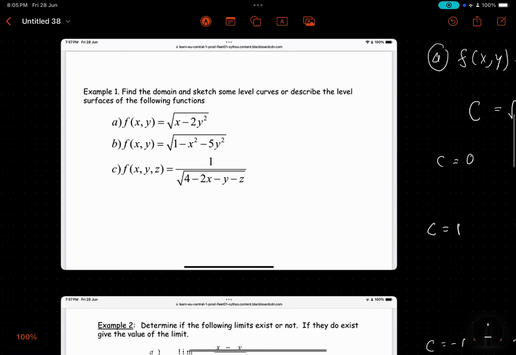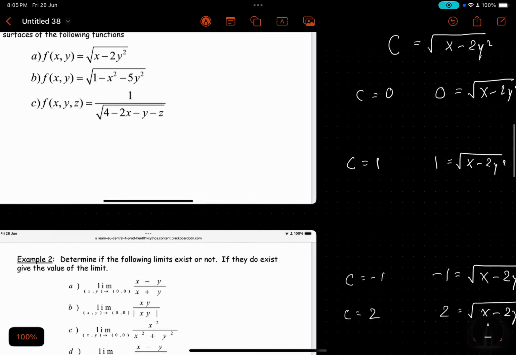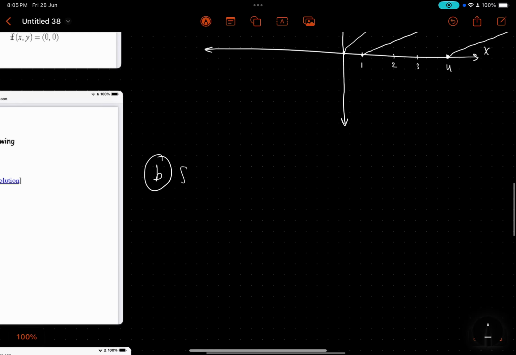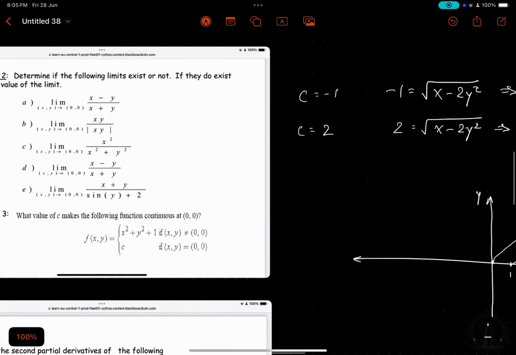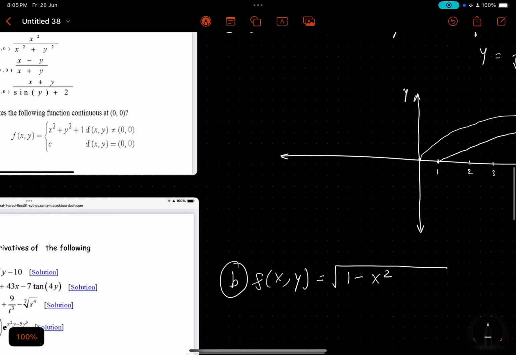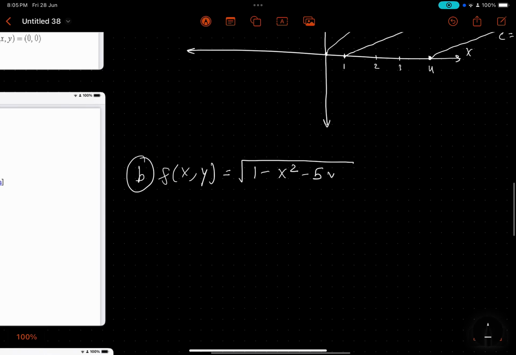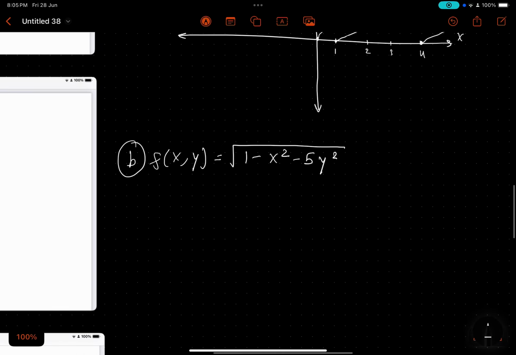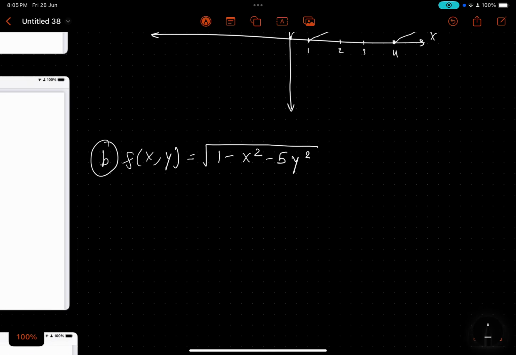The function is f of x y equals the square root of 1 minus x squared minus 5y squared. Now for level curves, we need to let c equal f of x y.